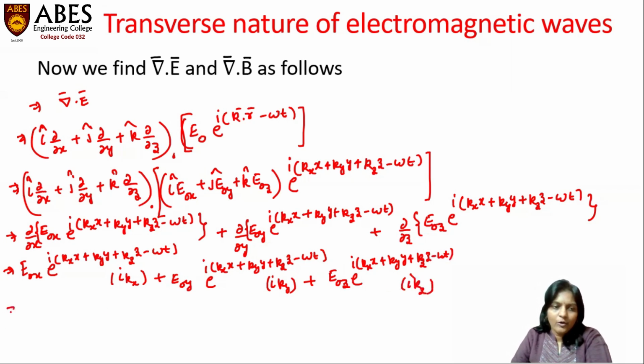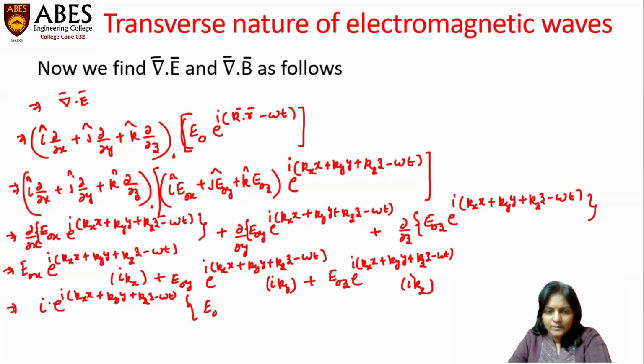Now I will take common i and e raised to the power i(kxx plus kyy plus kzz minus omega t). After taking common, these are the rest of the terms: E0x kx plus E0y ky plus E0z kz.